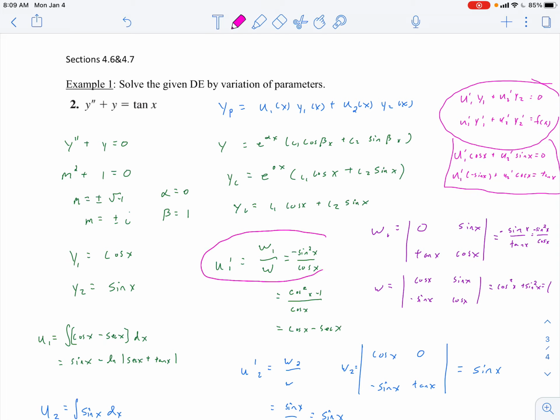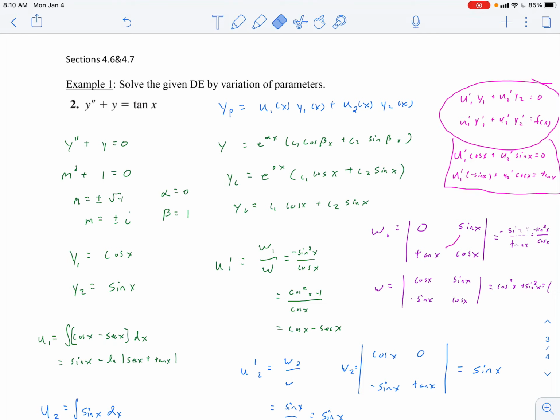To find u sub 1 prime, it's just Wronskian sub 1 over the Wronskian. For Wronskian sub 1, we multiply 0 times cosine of x, which is 0. Sine times tangent is negative sine x times tangent x. What in the world happened right here?